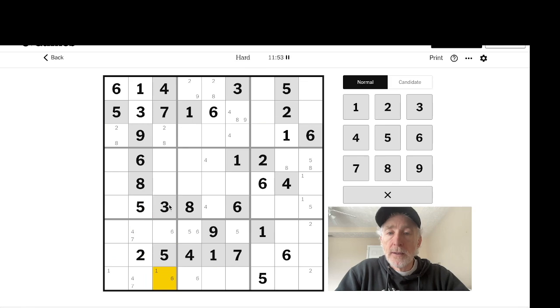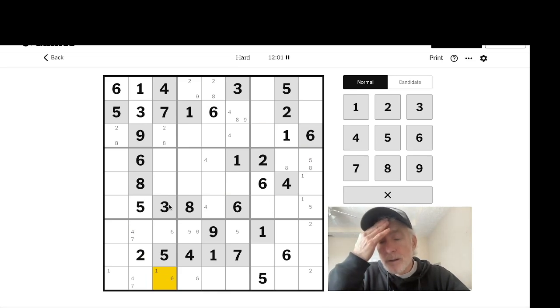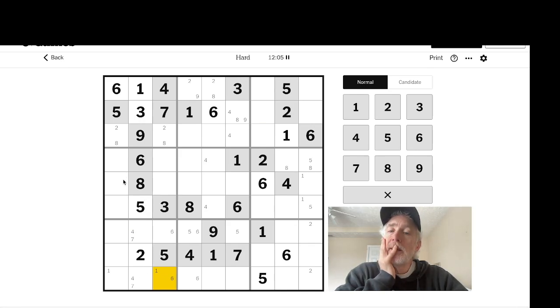8. Or 7. Let's see. Oh, this pair. Okay, so this 4 looks across. This 4 looks down.